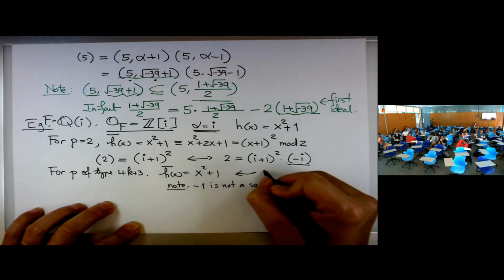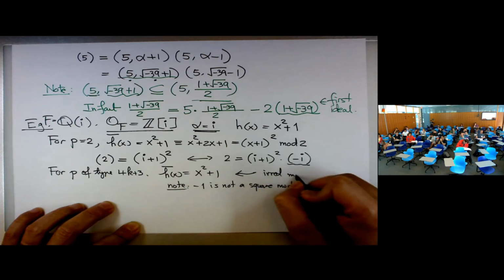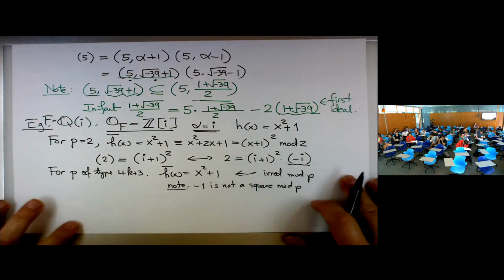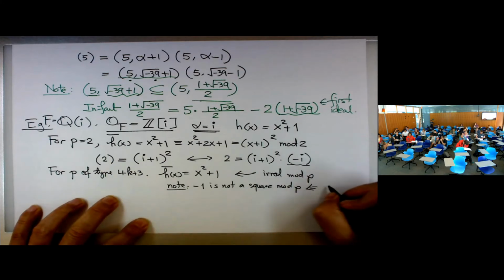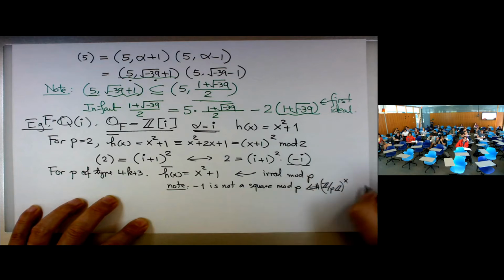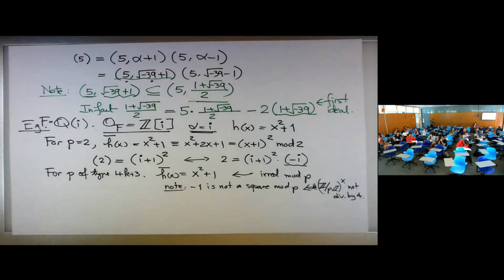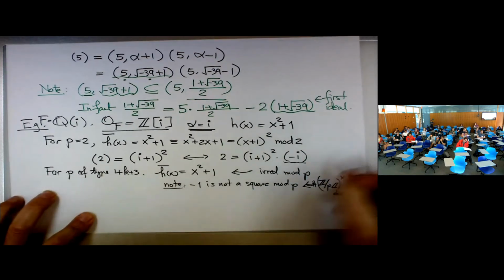So this is in fact irreducible mod p. I'm just going to take this as a fact. You can deduce this from the order of R. This is not divisible by 4, basically. The order is p minus 1.